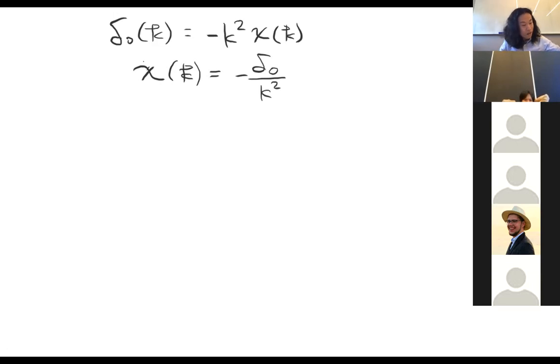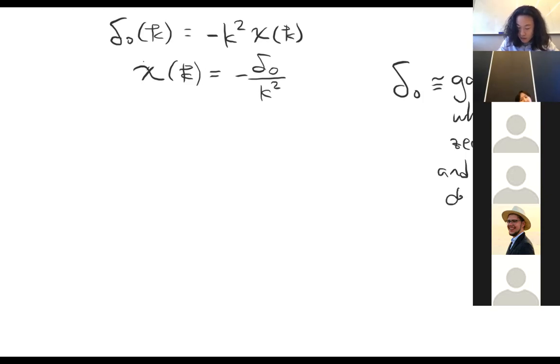And now, in terms of math, we call the density contrast of the universe a Gaussian random field, or Gaussian white noise, with zero mean and standard deviation given by the square root of the power spectrum, P of k.